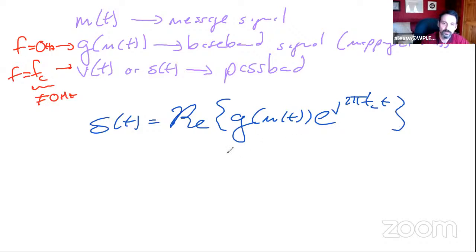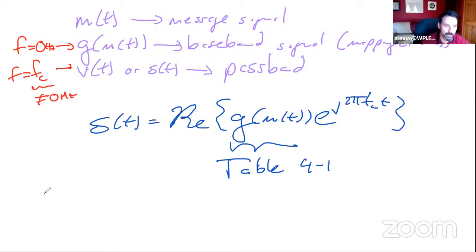Now, this is where table 4.1 in your course textbook comes in useful, because it describes the different types of mapping that you can use for creating AM, PM, FM, DSB, SSB, and so on.